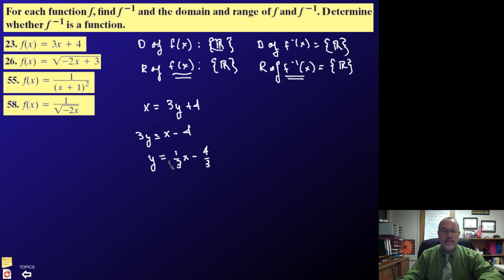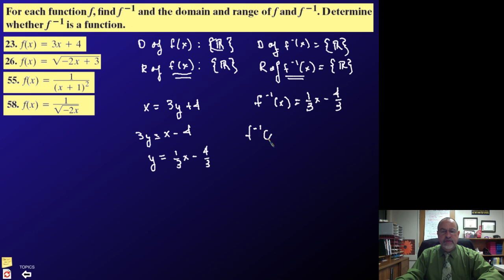Now remember to swap the inverse notation for this y. So the inverse function is 1/3 x minus 4/3, which is also a linear equation. Now, is this inverse a function? Because there is no plus or minus, I did not have to take the square root of anything, then the inverse is a function.